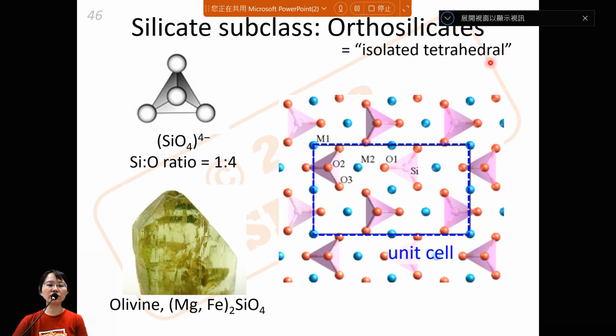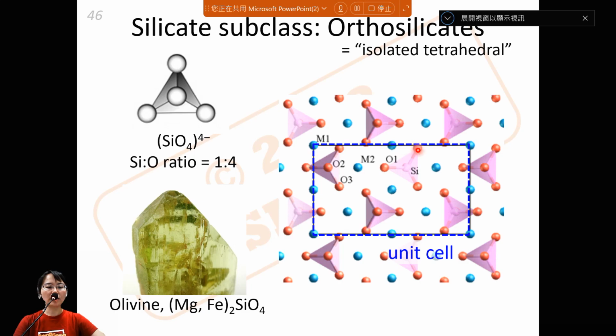Here I will tell you what the so-called unit cell is, because I told you last time, the definition of unit cell is the minimum unit from which you can repeat in three-dimensional directions, like in this direction and in this direction. If you look at the tetrahedron here, go this way, you see another tetrahedron. However, here you see, I mark the unit cell not here, but here. Why?